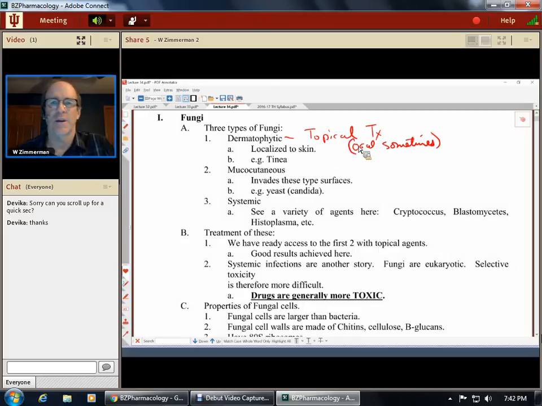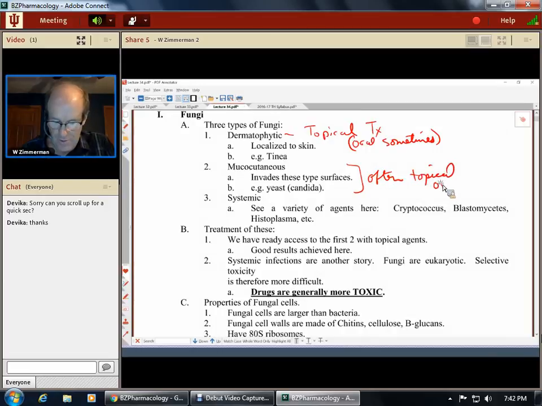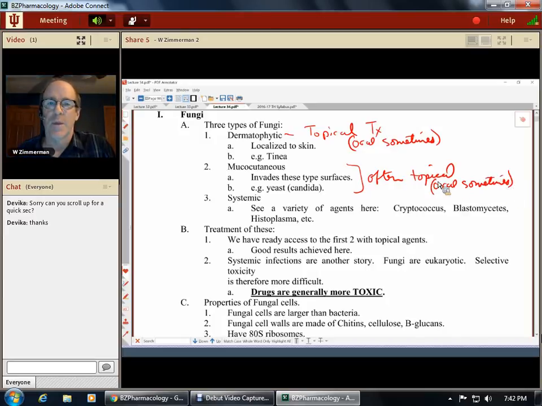But certainly we think of topical treatments. The Candida that causes the mucocutaneous infections, often again with topicals. But you can use oral sometimes, as we'll see. The skin infections are sometimes persistent and a pain to get rid of, and sometimes the mucocutaneous can be a little bit too.